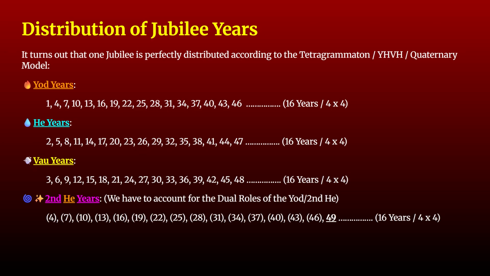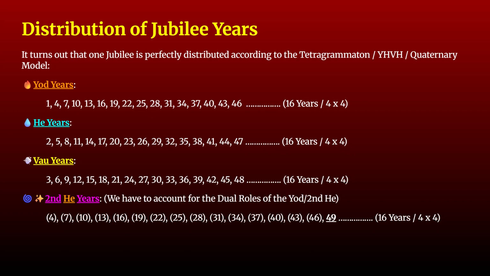So you notice that 1, the first year itself, is not part of the second He, because 1 was never the end, 1 was only the start. So 4, 7, 10, 13, 16, those are as their ending counterpart, not their beginning counterpart. And notice that 49 also does not have braces because the 49th year is the end. And so these each have 16 years.